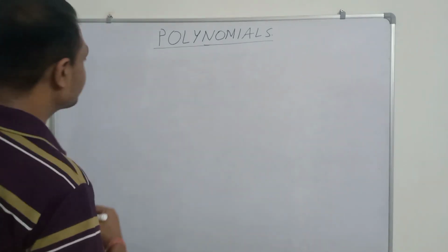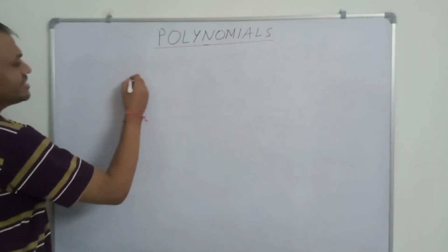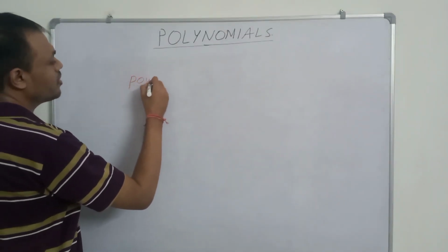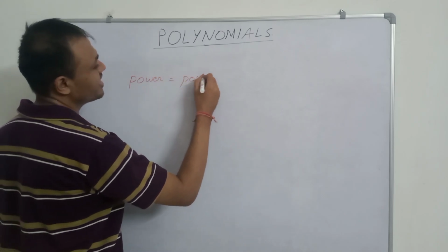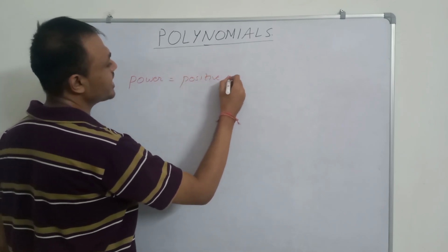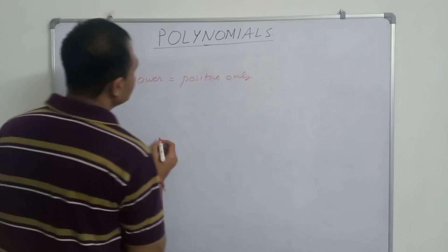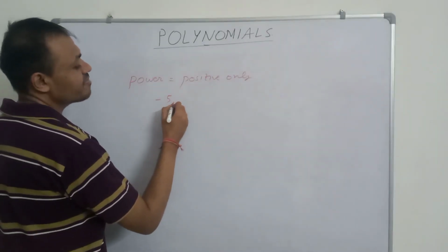Now in a polynomial the power is always positive only. The power of a variable cannot be negative. Power cannot be -5, -4.